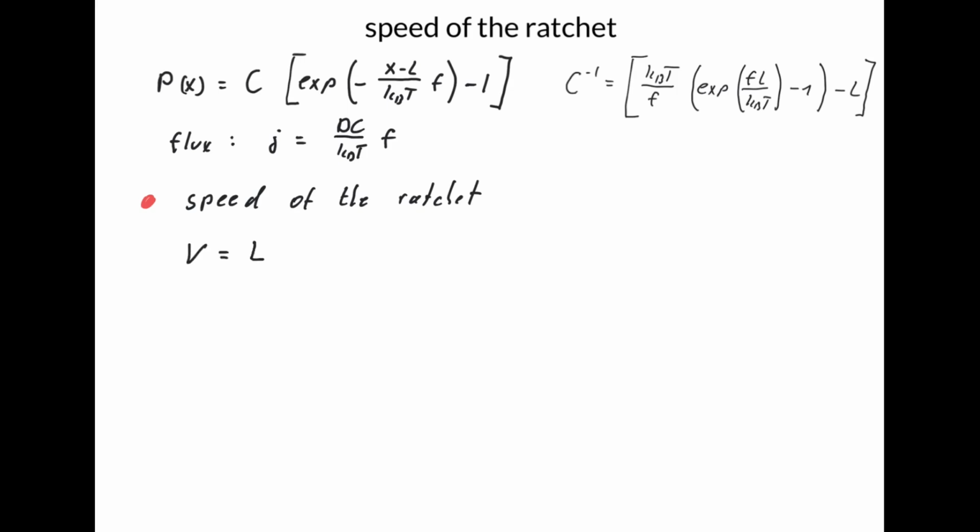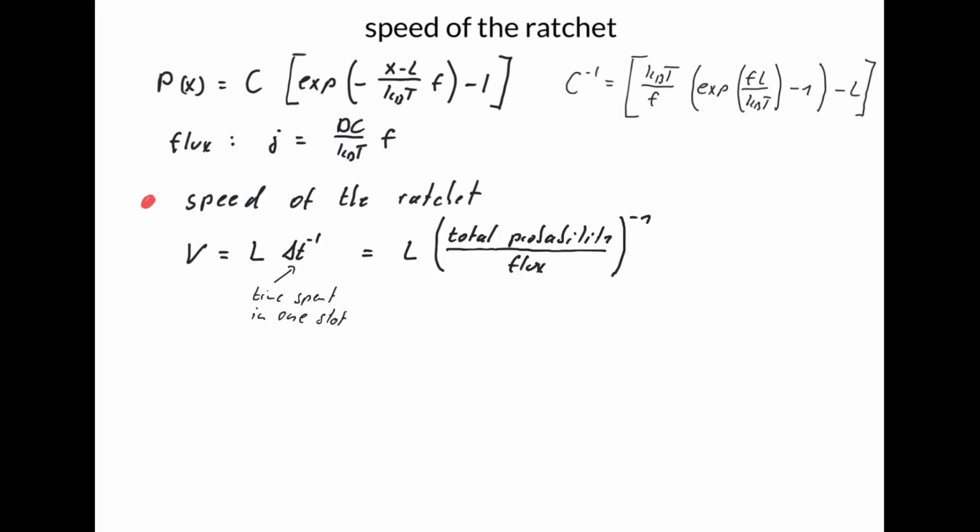And that is given by L divided by the total probability that the particle is in one of those slots, which is equal to 1, divided by the flux, which is the change of the probability with time. Well, the flux we calculated is equal to Dc divided by kBT times f. Hence, the velocity is equal to L times Dc divided by kBT times f.